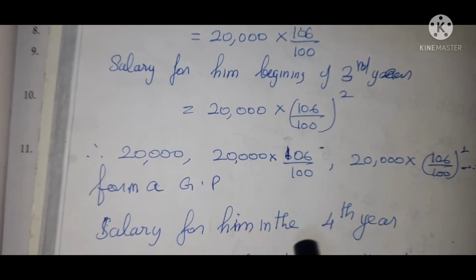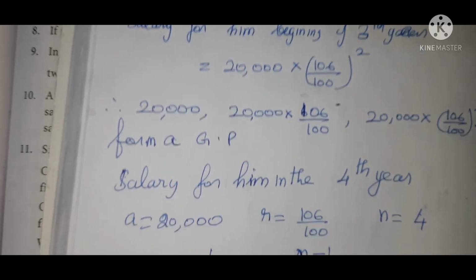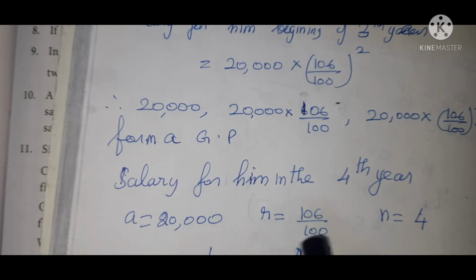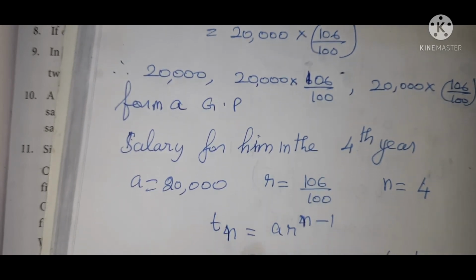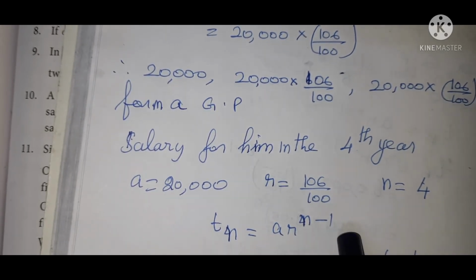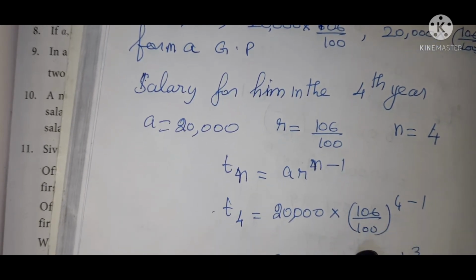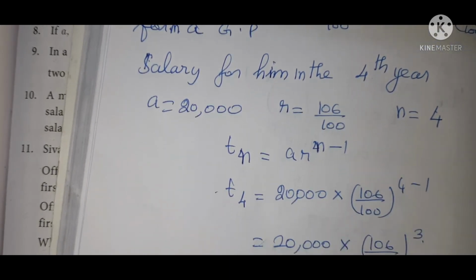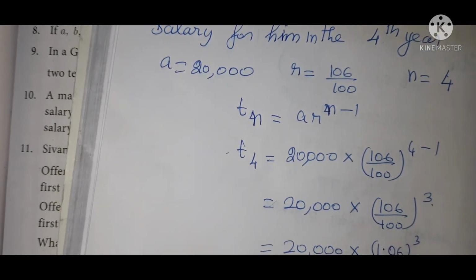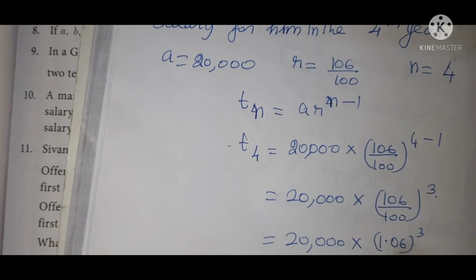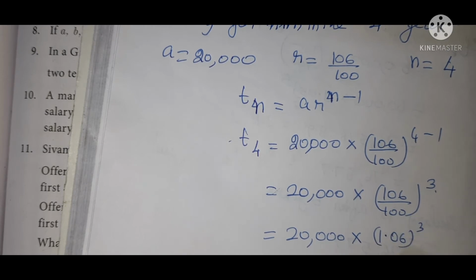Salary for him in the fourth year: A is 20,000, R is 106 by 100, N is 4. Tn is equal to AR power n minus 1. T4 is equal to 20,000 into 106 by 100 to the power 4 minus 1, 20,000 into 106 by 100 the whole power 3, 20,000 into 1.06 power 3. 106 divided by 100, we get 1.06.